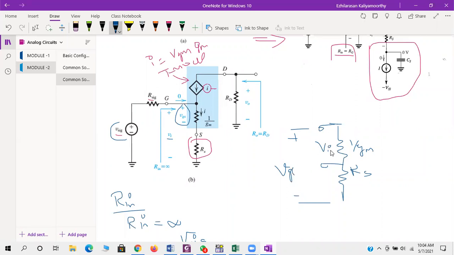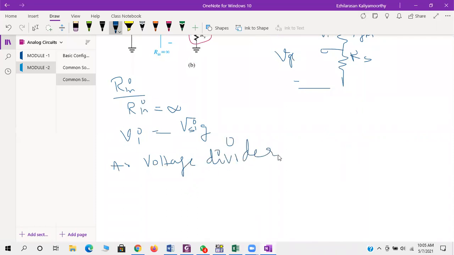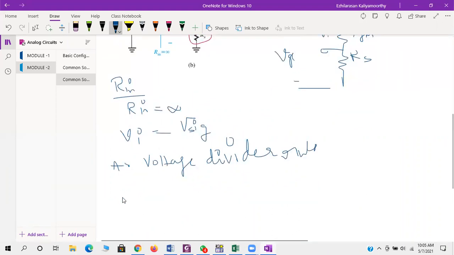Now we need to find out the Vi actually. This point is nothing but Vi. That is the meaning of that. So now, as per the voltage divider rule, let us find out VGS.